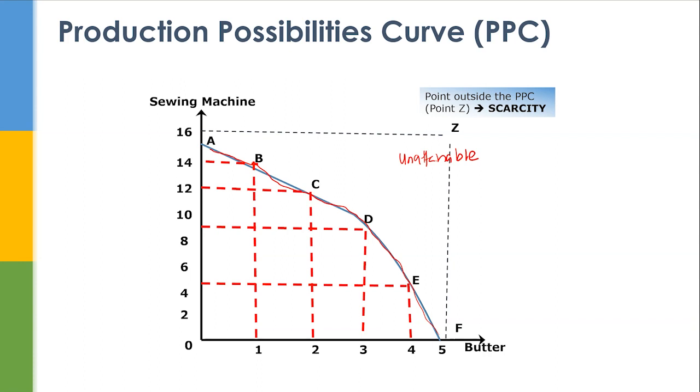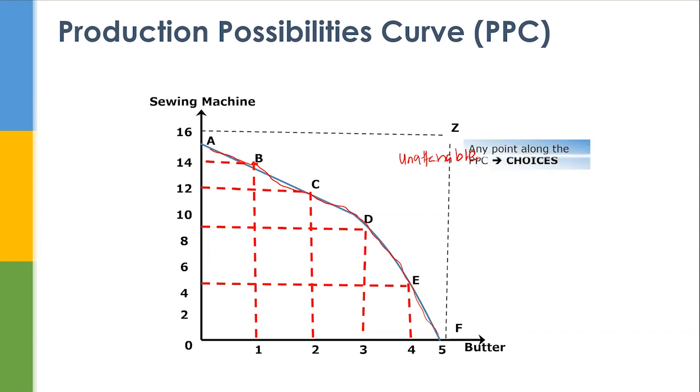And the second concept dekat sini adalah choices. So, any point along the PPC adalah choices. So, Jaya will have to make its choices from various possible combinations of sewing machine and butter. Okay, which will maximize its satisfaction. Maksudnya kat any line ni, dia boleh pilih. Contohnya dia nak menghasilkan 15,000 sewing machine, tapi butter dia will be 0.